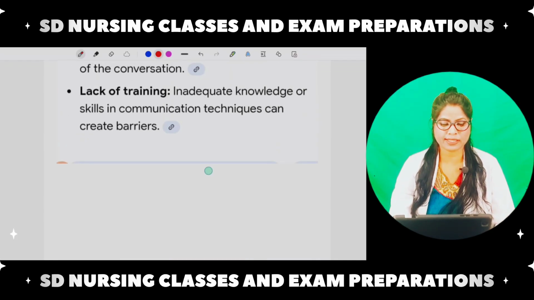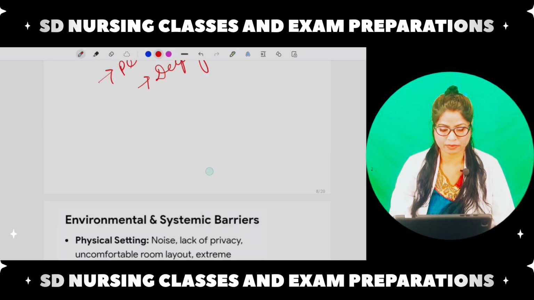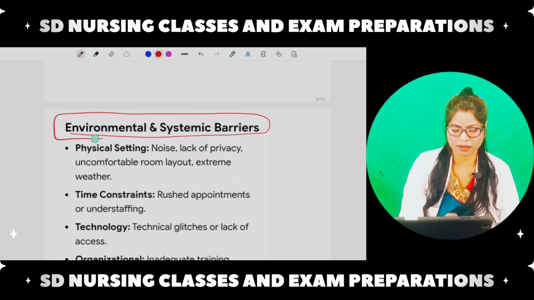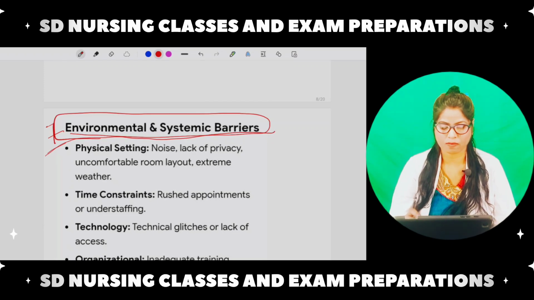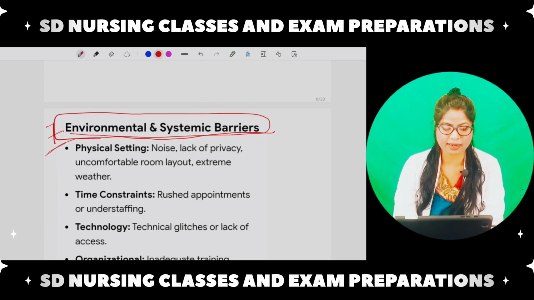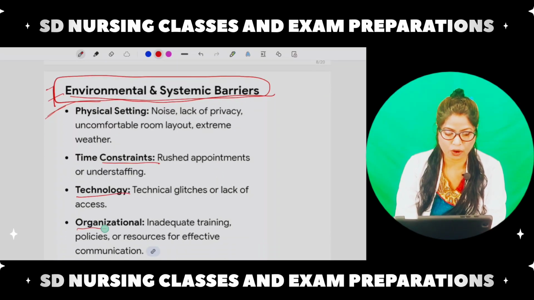And now we will see the last one, that is environmental barrier. This is the seventh barrier. Physical setting, time constraint, technology and organization.